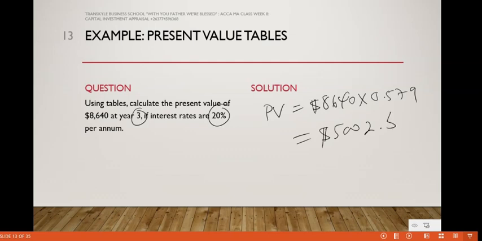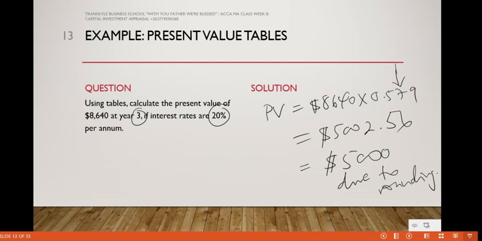2.56. So the issue here is about rounding. The difference is just due to rounding. Remember, this PV factor was subject to rounding because the actual figure should be 1 over (1 plus r) to the power n, which was 1 over 1.20 to the power 3.